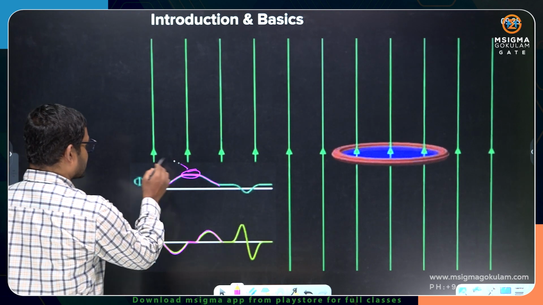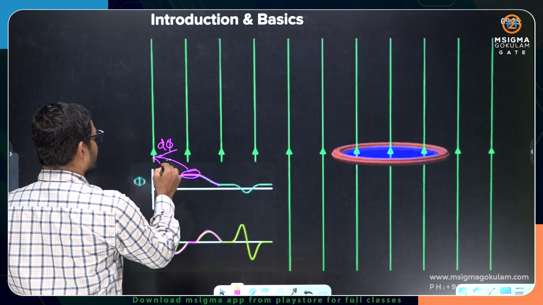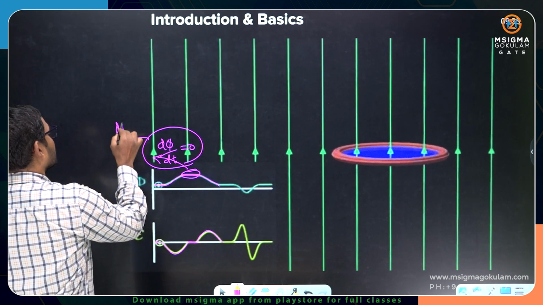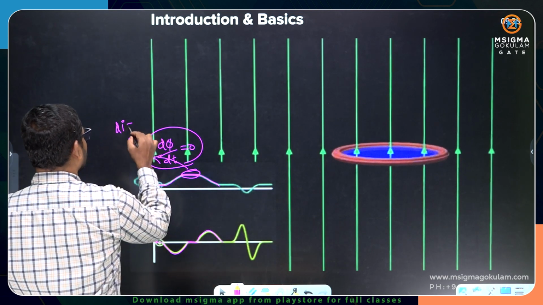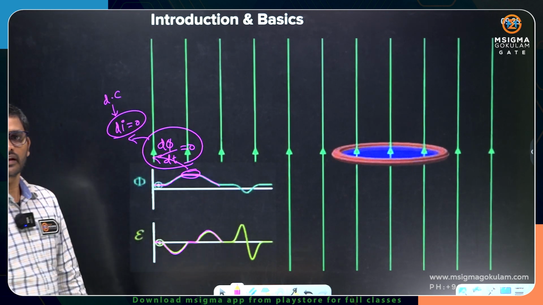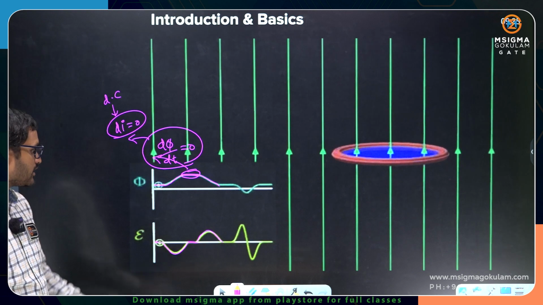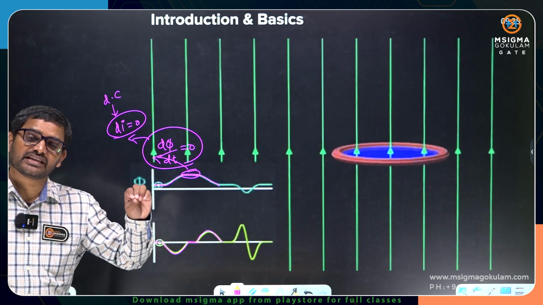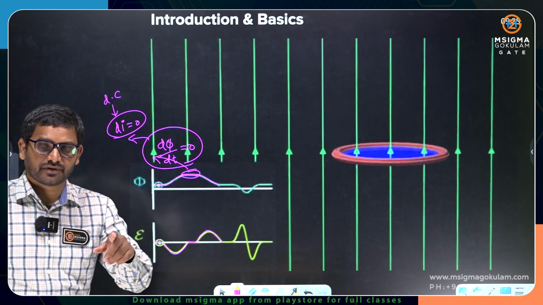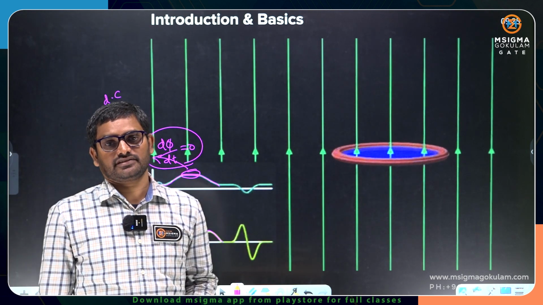This change in flux lines, d phi by dt, can be due to DC nature current. That means the EMF induction is absolutely 0 for constant flux lines. If you are expecting EMF, there should be continuous change in flux lines.